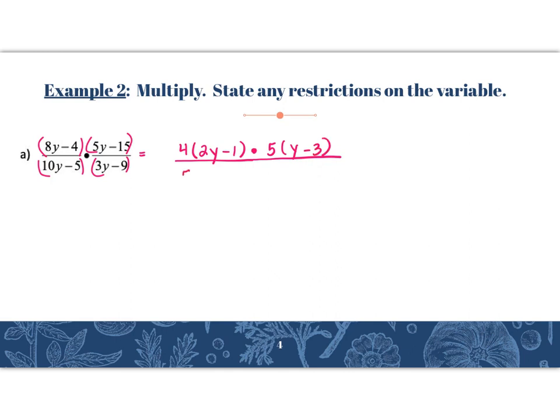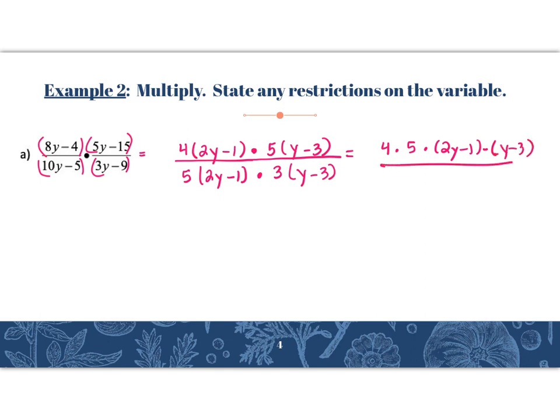Then in the bottom, my GCF of my first fraction is 5, so 2y minus 1 times next denominator has a GCF of 3, and that's y minus 3. So again, you guys remember, this is all multiplication. 4 times 5 times 2y minus 1 times y minus 3 over, I'm just putting the numbers in front, 3 times 5 times 2y minus 1 times y minus 3.